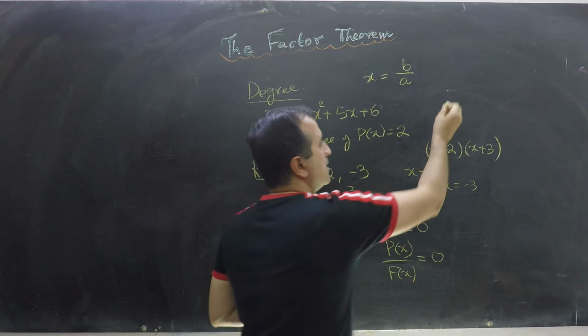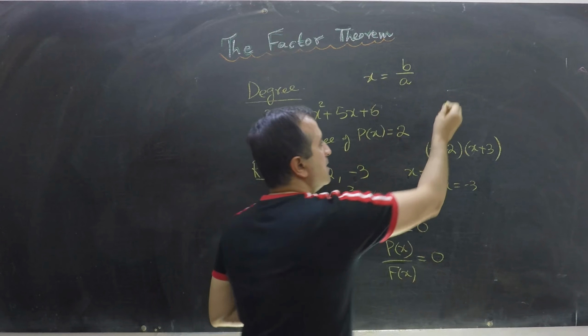I take 3x common, I will get here x plus 2. I take minus 1 common, I will get x plus 2. So my two factor polynomials are 3x minus 1 and the second one is x plus 2. So from here I get two roots.